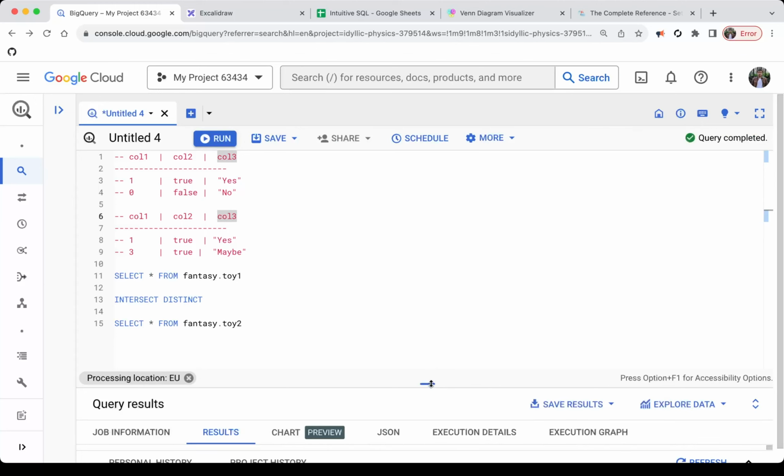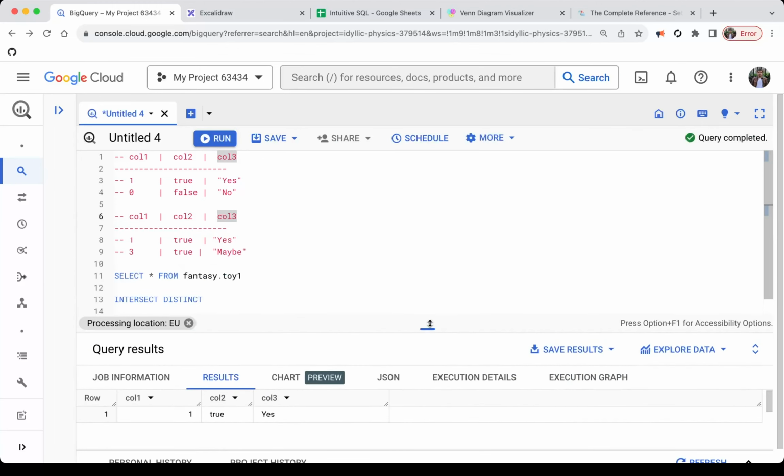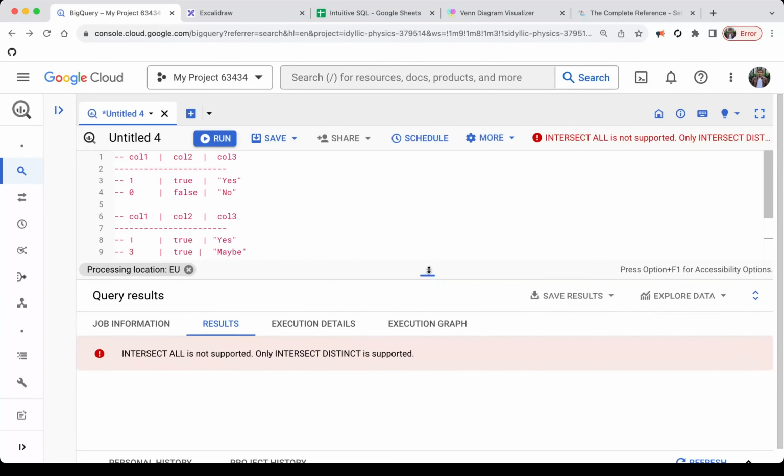And if I run this, I will get exactly this row. So intersect distinct gives me the rows that are shared between the 2 tables, and I have to write intersect distinct. I cannot write intersect all because it doesn't mean anything, so it's not going to work.